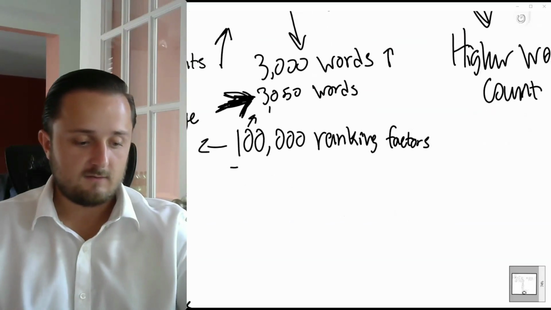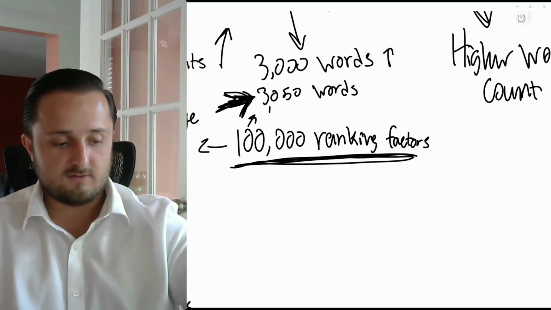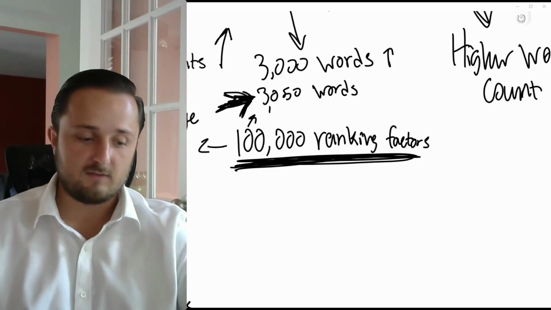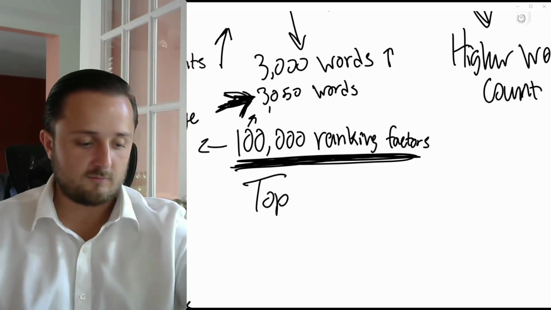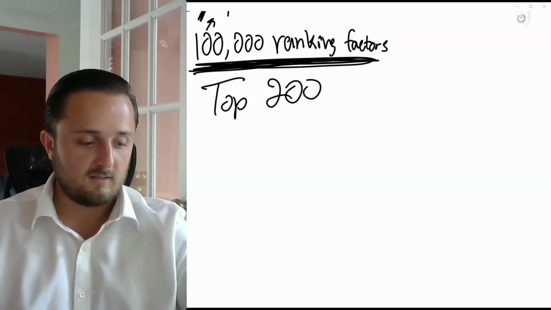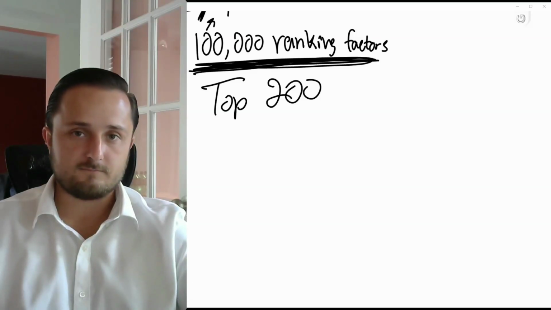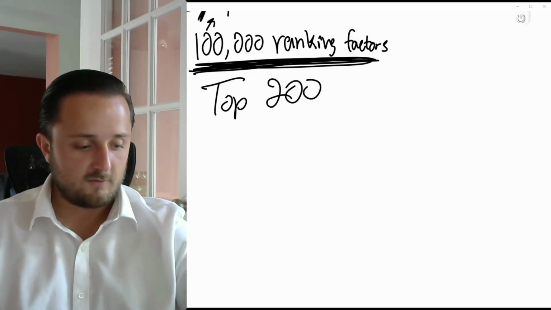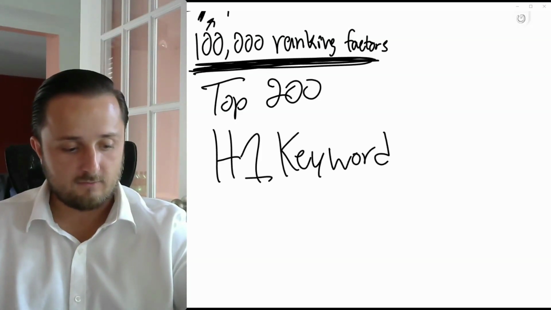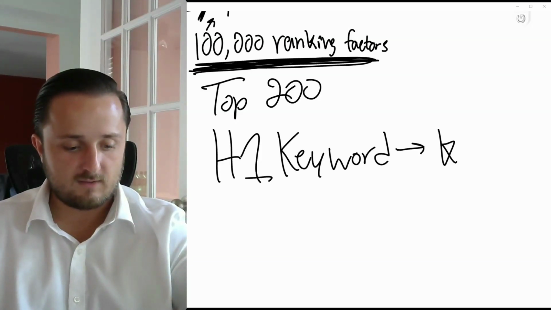Now, again, there's over 100,000 different ranking factors. So we can't consider all of these, but maybe what we can do is the top 200. And what's also really good and really cool about SEO is that a lot of these kind of go in tandem, right? If in my H1, I use a keyword, not only is it a keyword, but it's a keyword variation.